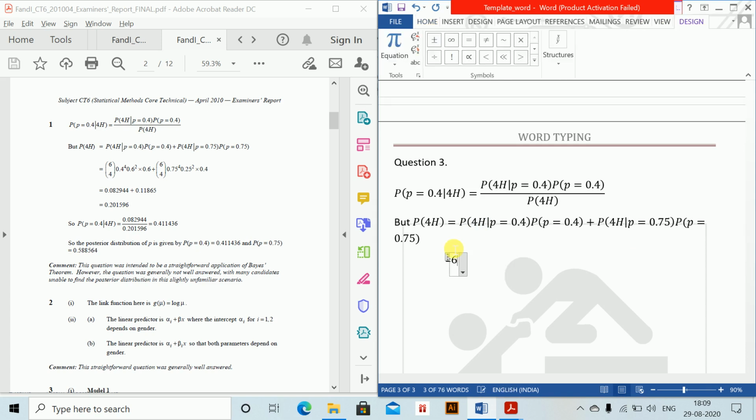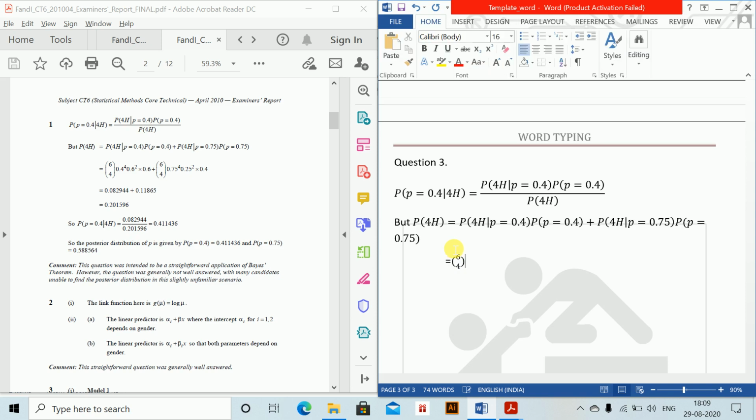It equals (6 choose 4) into, put brackets on both the sides, (6 choose 4) 0.4 to the power 4, 0.6 to the power 2, into 0.6, plus (6 choose 4), brackets close, 0.75 to the power 4, 0.25 to the power 2 into 0.4.